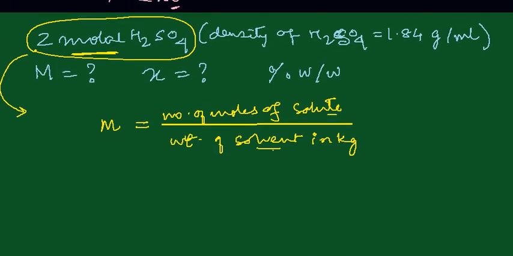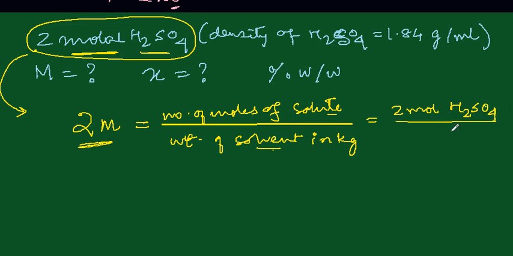Now, as per the given condition of the problem, we have got 2 molal. What does 2 molal mean? That means 2 moles of solute is there. And what is the solute that we are considering as per the problem? Sulfuric acid. So we have got 2 moles of sulfuric acid.